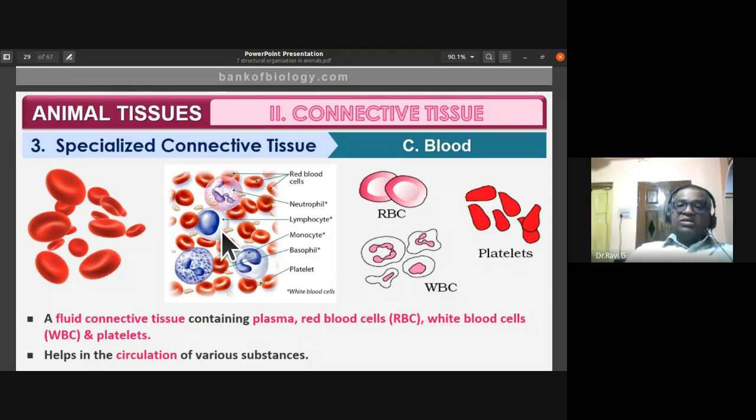The nitrogenous waste is carried in the form of urea through the blood to the kidney, where the blood undergoes purification, which involves the removal of nitrogenous waste, and the waste is thrown out of our body in the form of urine. So remember this role of blood, which is also called the river of life.